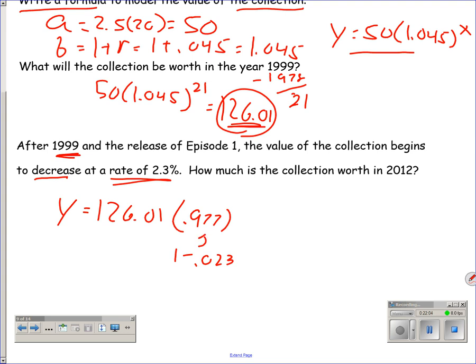That's how we got that. And then raised to what power? Yeah, 13, because the difference between 2012 and 99 is, what'd you get? 13. That's still not down to 5,000, so you're good.